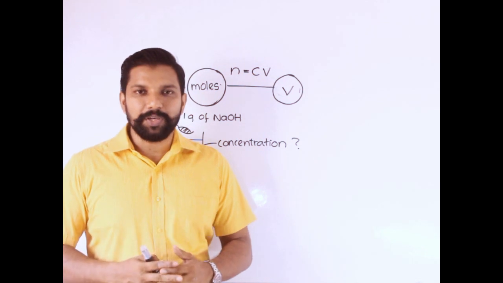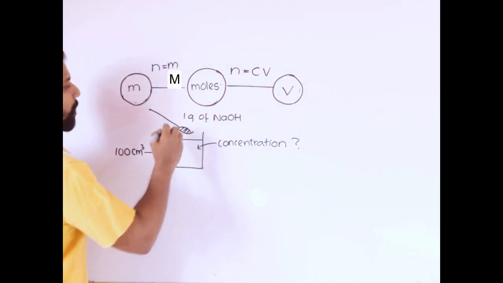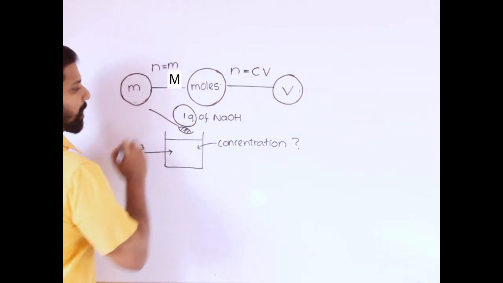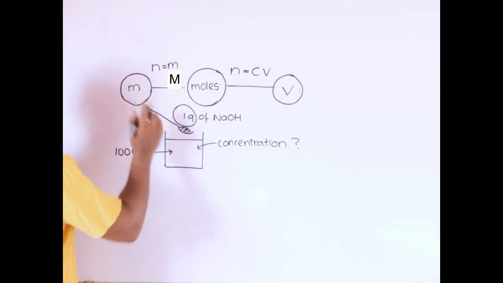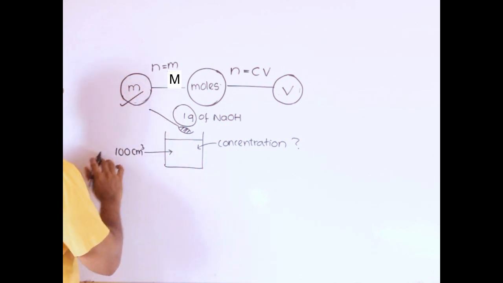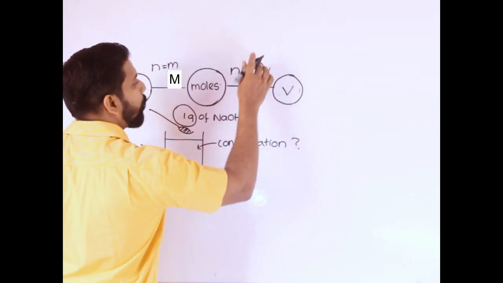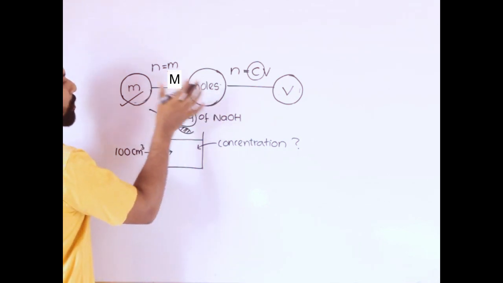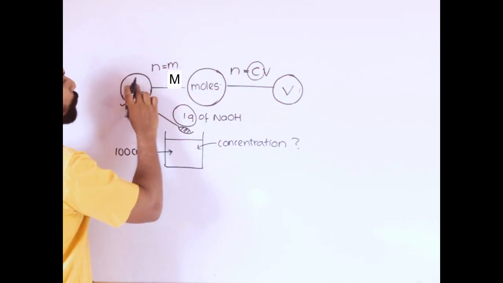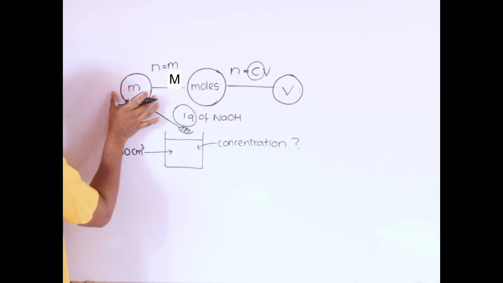Let's analyze the question. Look, we are given mass and we are asked to find the concentration. So we know the mass and we have to find the concentration. You can clearly see the first step should be finding the moles, because we are here in this plan.